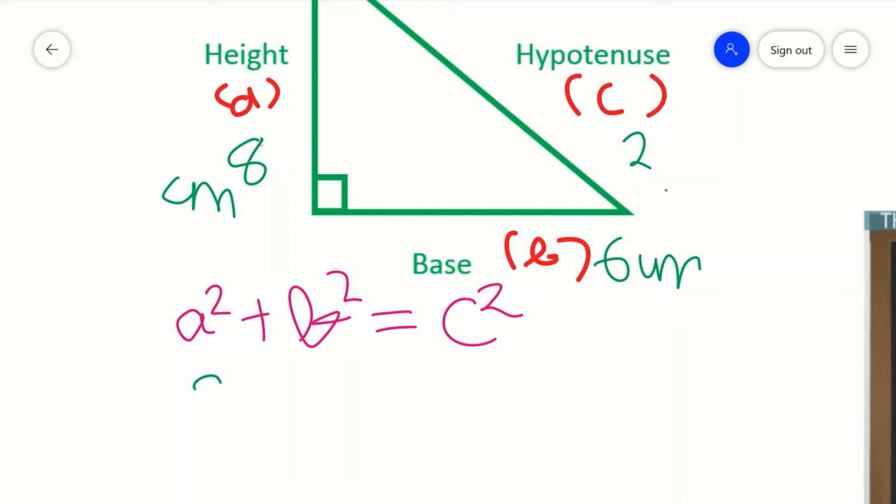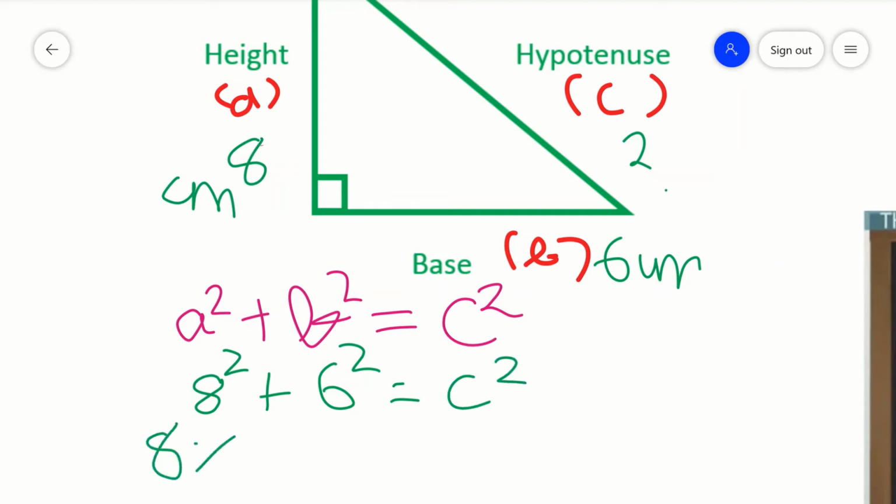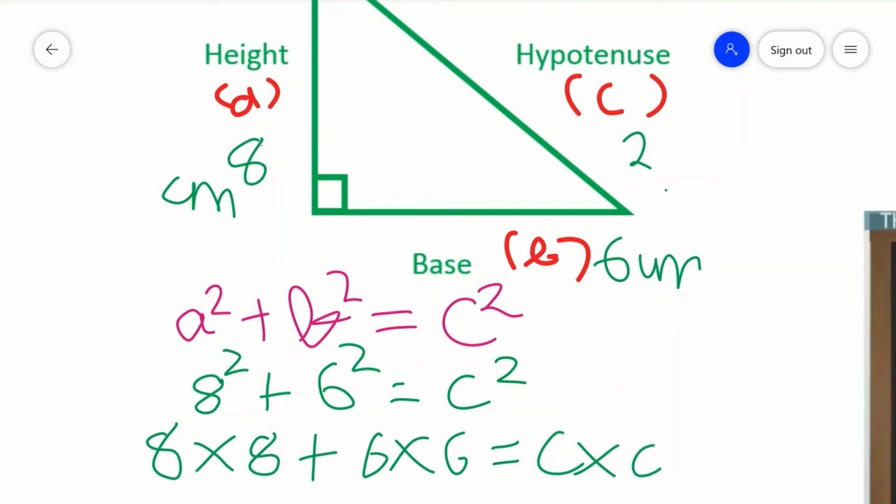Here we get 8 square plus 6 square equal to C square. 8 square is nothing but 8 into 8, plus 6 square is nothing but 6 into 6. C square is nothing but C into C.